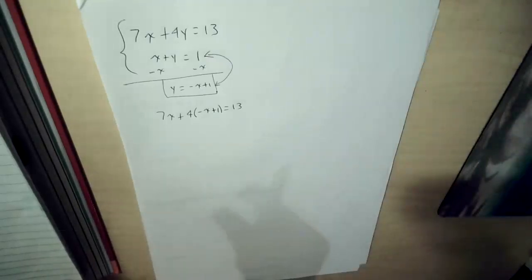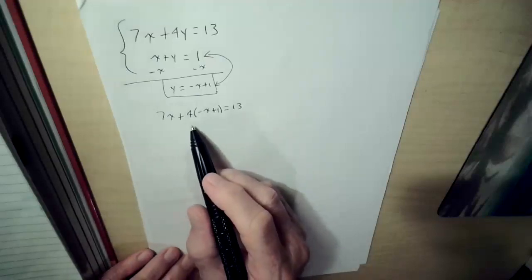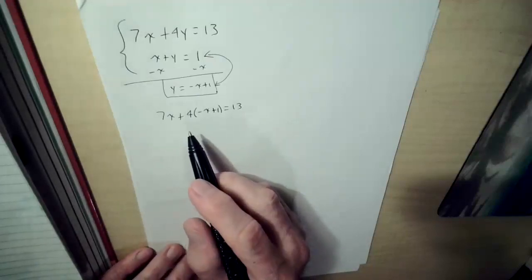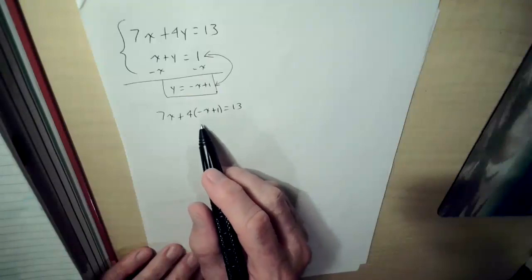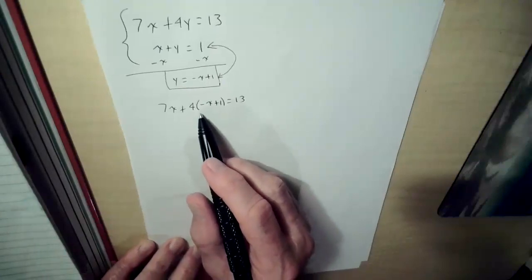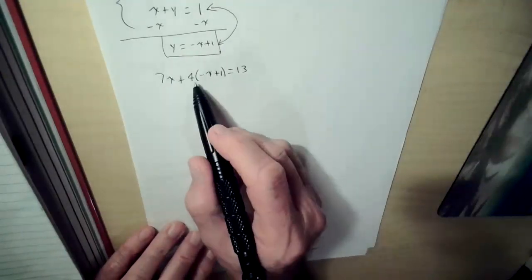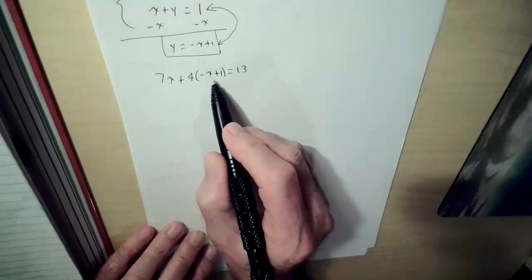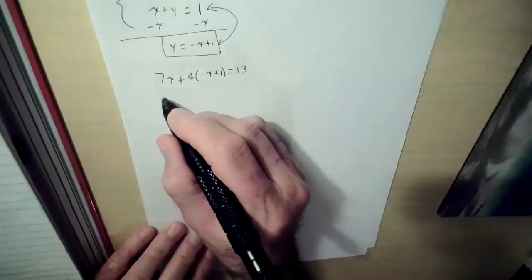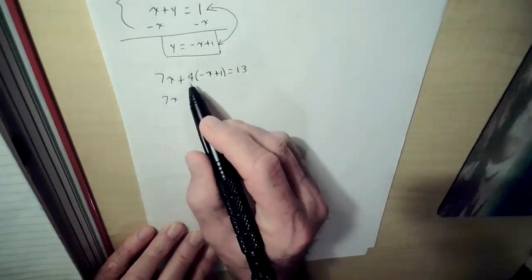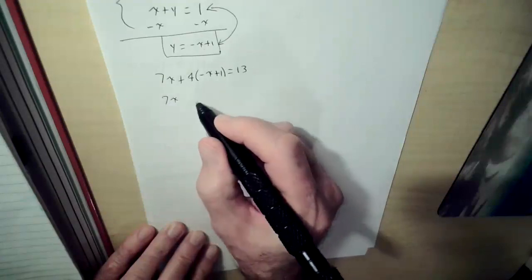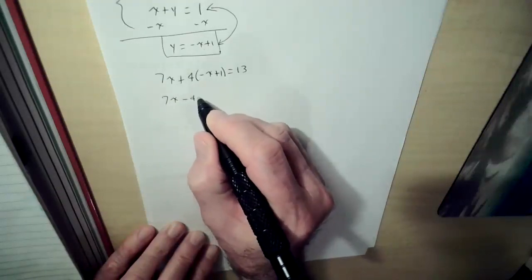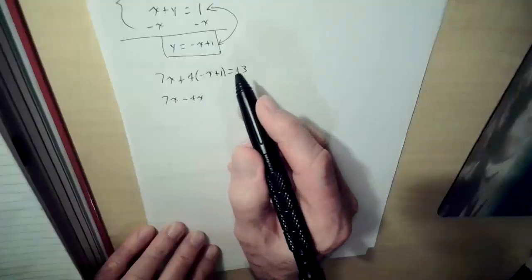Now you look at this and you think, what in the world is all this? There's really only one thing you can do here, and that's multiply 4 times everything in here. Distributive property.